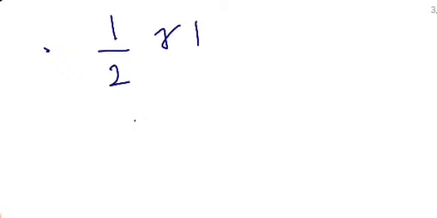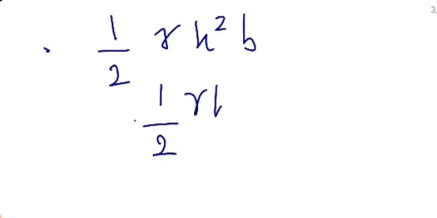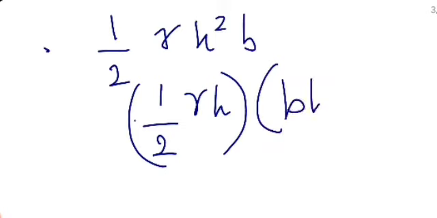For a rectangular plate, we got half gamma h square b. Here it is nothing but half gamma h, which is the pressure, times the area of the rectangular plate.